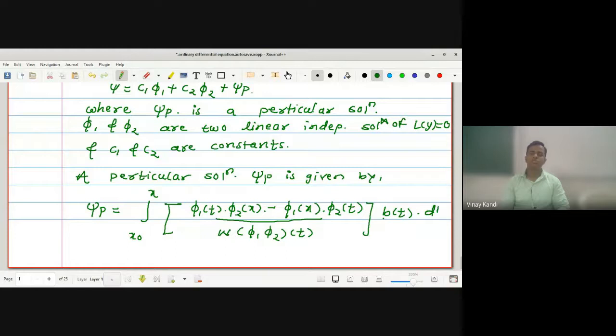Where psi p is given by the integration from x naught to x of this whole expression.